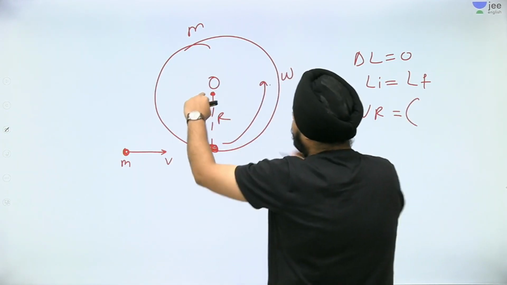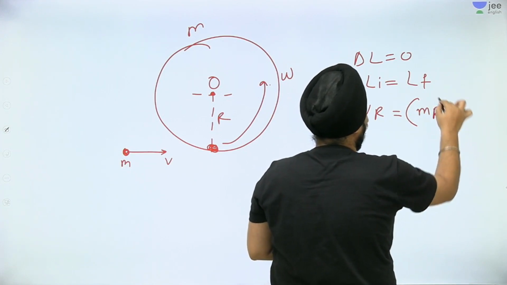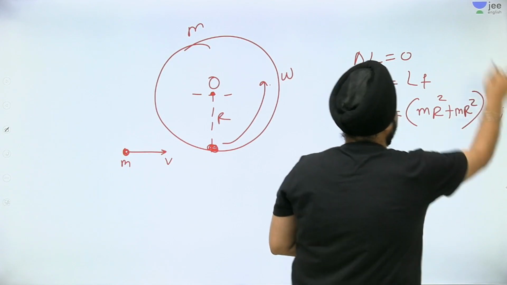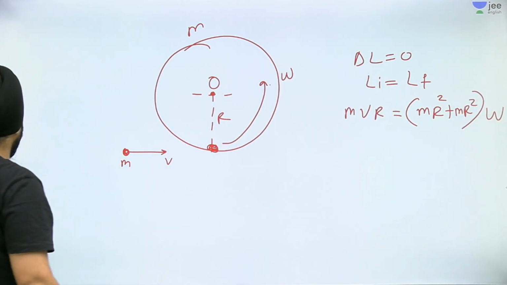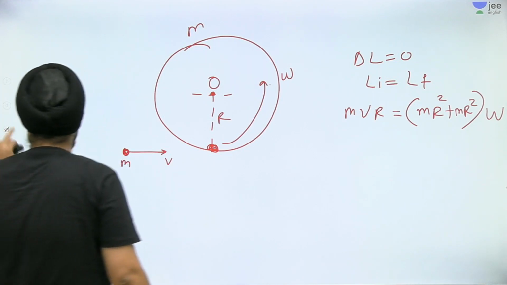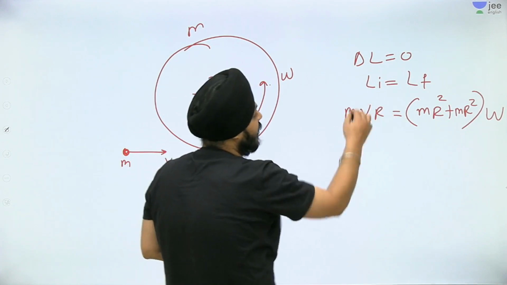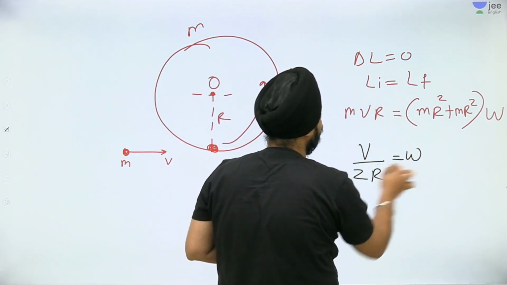The moment of inertia of the bullet about this point is m r squared. For the hoop, it is m r squared. They both have the common angular velocity omega. Here m is going to cancel, and my answer would be v by 2r equal to omega.